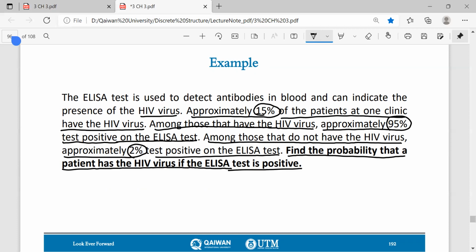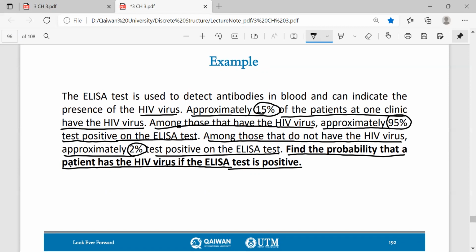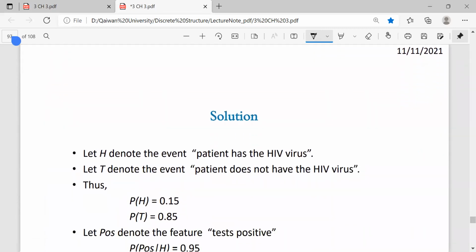Here, we let H denote the event that the patient has the HIV virus, and T denote that the patient doesn't have the HIV virus. You have two cases. The patient either has the HIV virus or doesn't have the HIV virus.